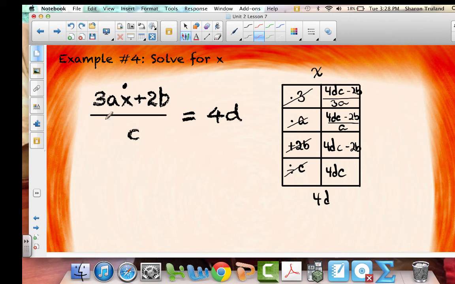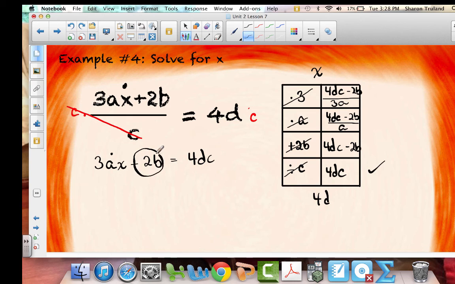All right, so let's look at this traditionally. First thing I would do is multiply both sides by c. Okay, same thing I got there. All right, now here's the x. It's getting multiplied by 3a, but it's also adding 2b. So who do I move first? That's right, we move this 2b first.